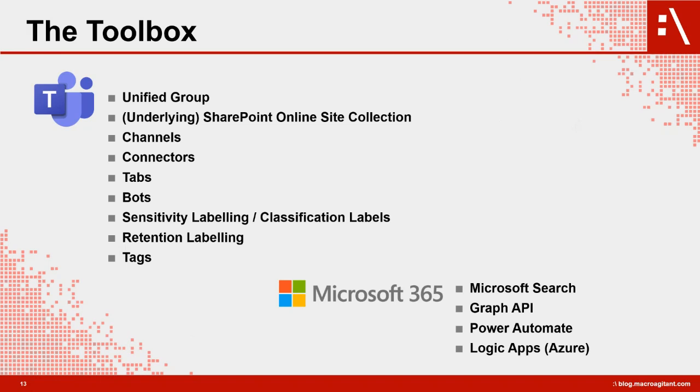Power Automate or Logic Apps represent the automation side of things. So there may be a requirement as you deploy or build these solutions to automate classification or to automate some of the post-provisioning activity. And I think you need to make an informed decision as to whether you use the Power Platform in the case of Power Automate, or Logic Apps. The difference is really, there's a number of factors.